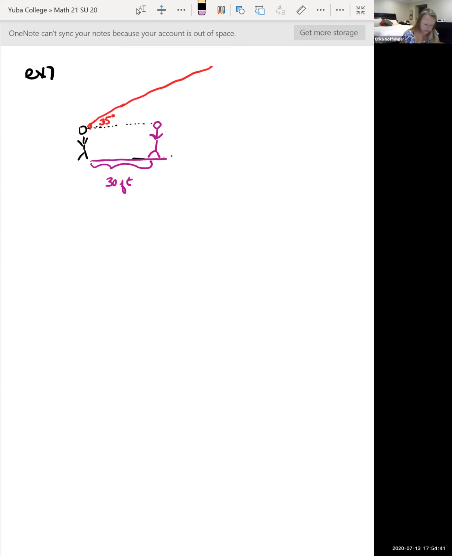And now from this angle of elevation, he finds that it has increased by 12 degrees.